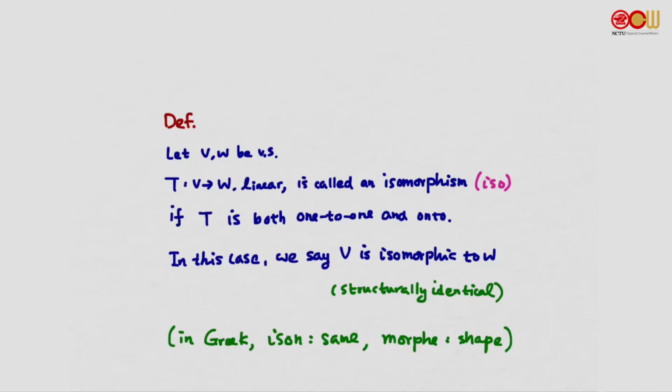Remember in Chapter 2, when we have a linear transformation that is both 1 to 1 and onto, then the linear transformation is invertible and its standard matrix is invertible. Right now, with vector spaces, we don't have a standard matrix to work with, but we can still consider invertibility of T in this case.